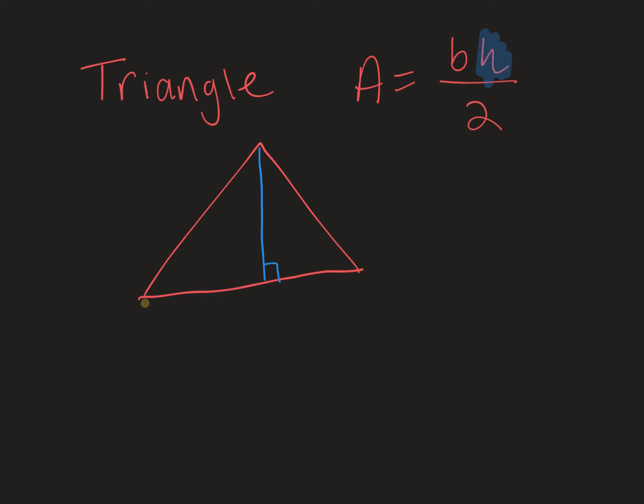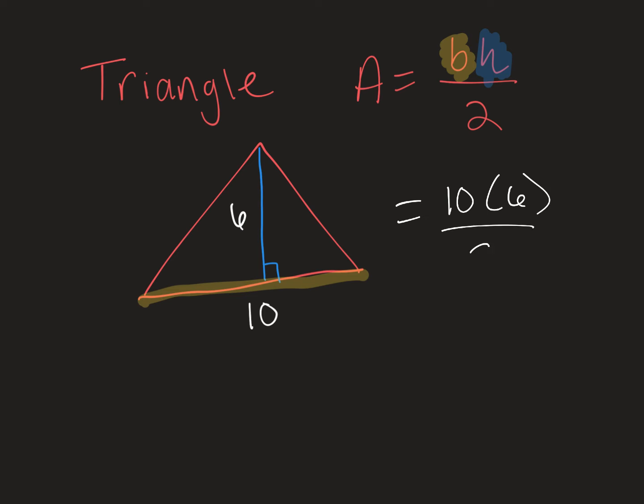The base would be the part that it is perpendicular to. So let's say our triangle has a height of 6 and a base of 10. So we would have 10 times 6 divided by 2. So 60 divided by 2. So our area would be 30.